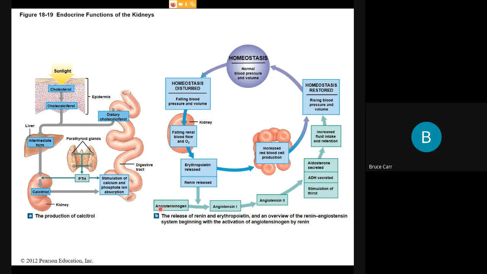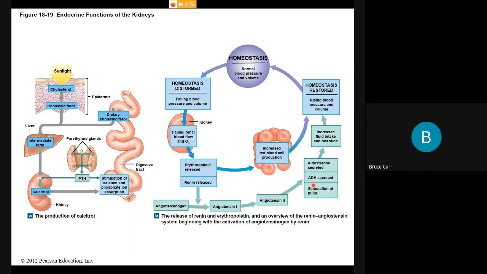Renin turns angiotensinogen to angiotensin 1, which turns into angiotensin 2, which turns into aldosterone and ADH secretion. It also stimulates us to, wait a minute, I'm thirsty. So we drink water. So fluid intake is one effect of this renin cascade. The effect of ADH is on retention of water in the kidneys, and the effect of aldosterone is the same. So it concentrates the urine more and more and causes the body to hold on to the water it has.